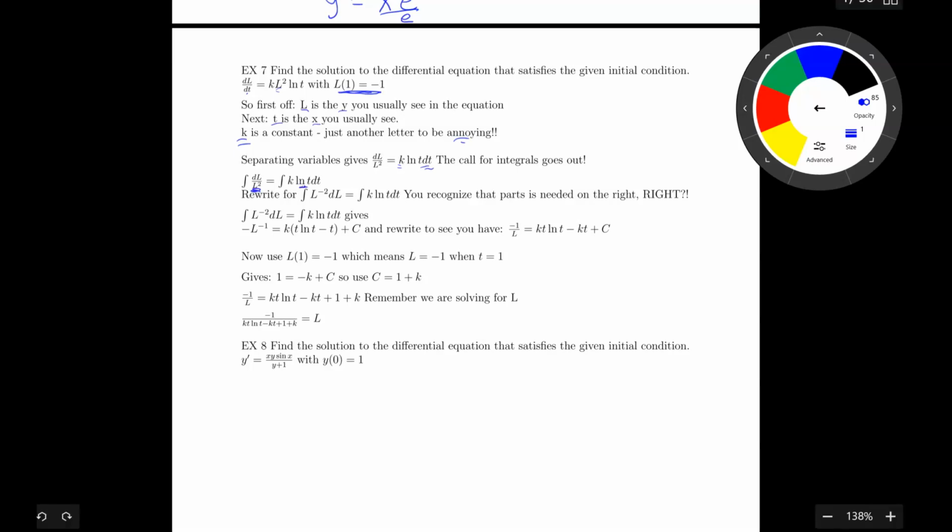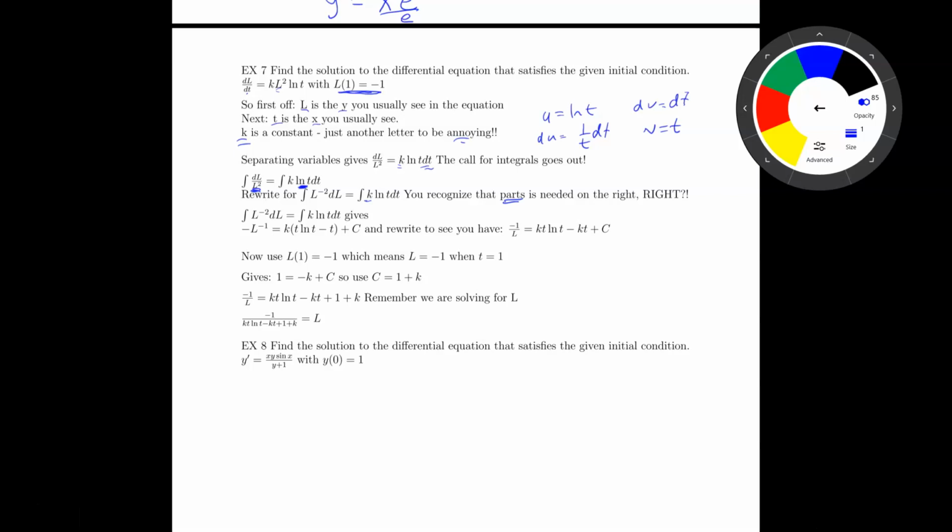And then to take the antiderivative of ln t, you need parts, right? So let me show you how you do parts with ln t. So I'm going to put the k on the outside. So you do u equals ln t, dv is dt, du is 1 over t dt, v is t, right?